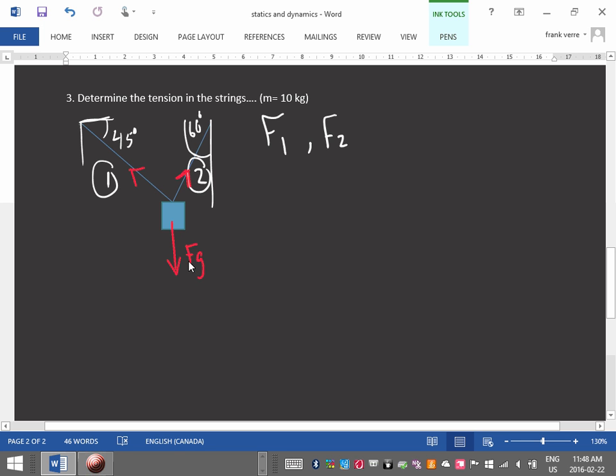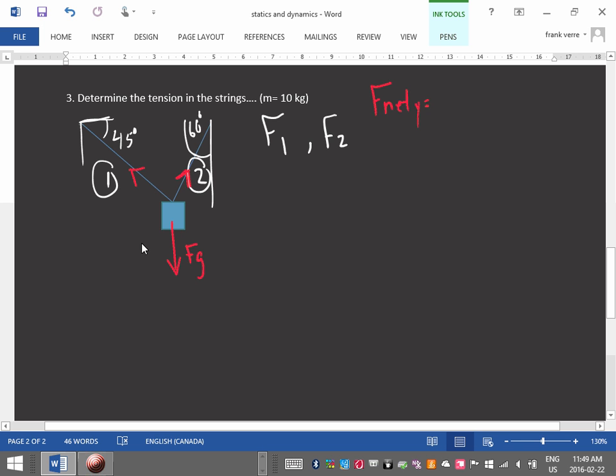Alright. So let's start with this. What must the net force be in the y direction? What must it be? Is this thing going up? Is it going down? Sorry, I shouldn't say that, because if the net force is 0, it could be moving up and down.